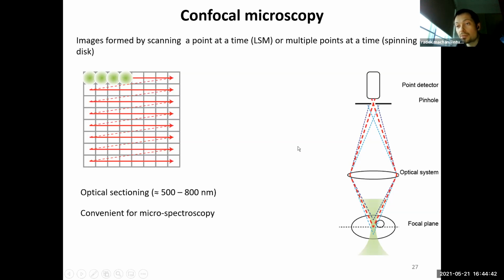So if I do any sort of spectroscopy on the light which I have collected, I can basically get the spectrum for each pixel.